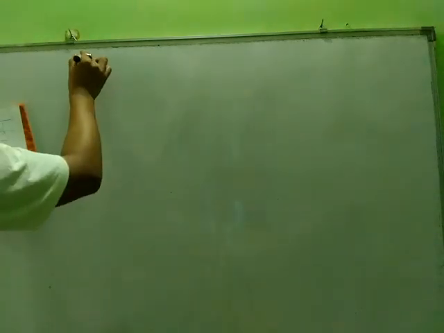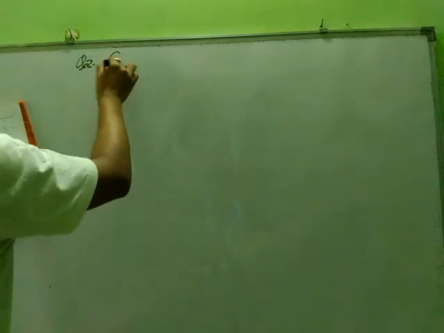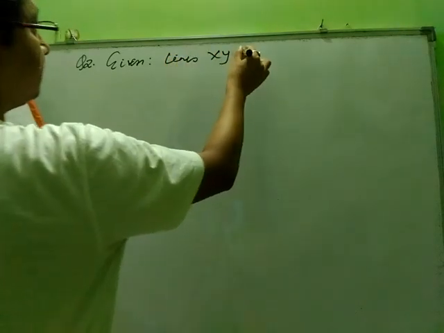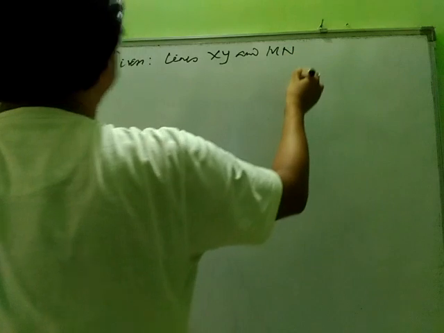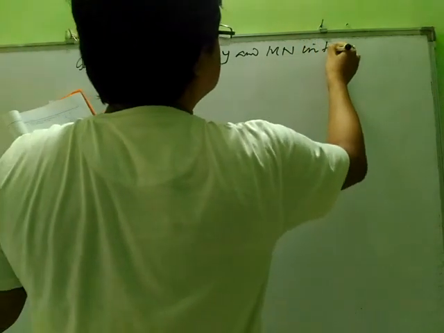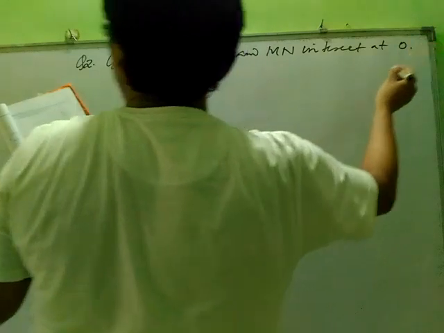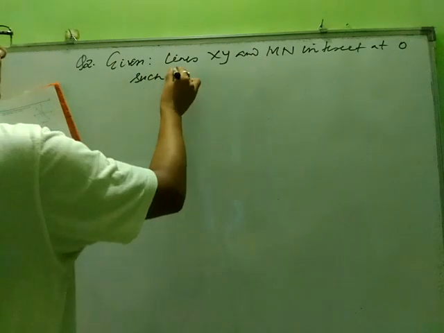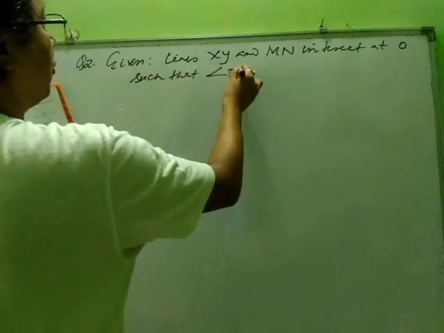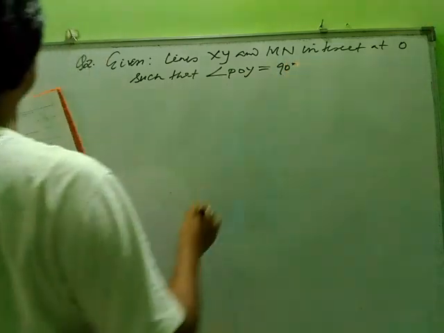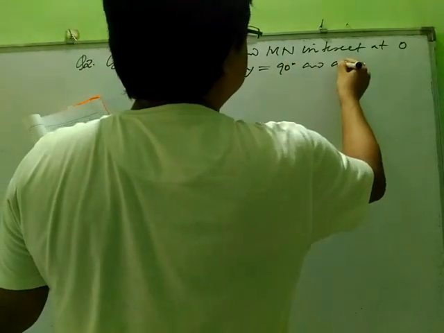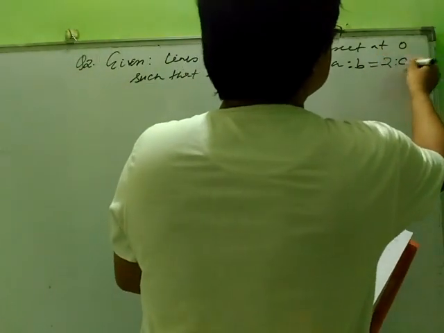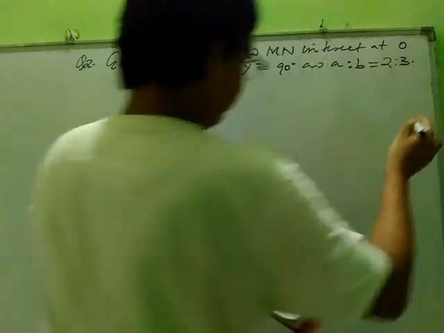Let us take question number 2. Here again given the lines XY and MN intersect at O such that angle POY equals 90 degrees and A is to B equals 2 is to 3.